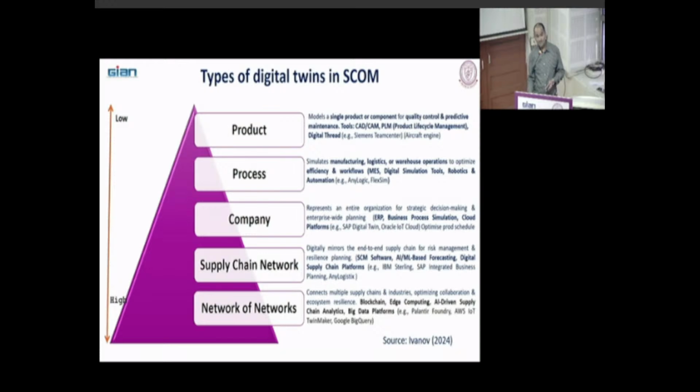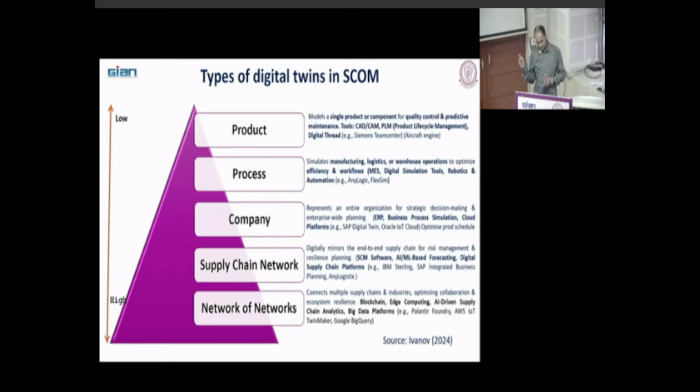Now the next one is the process digital twin. It simulates the manufacturing. In supply chain you have manufacturing, logistics, warehouse, different processes. If you want to create a digital twin of one specific process, it is called process simulation, a process digital twin. It simulates manufacturing, logistics, or warehouse operations to optimize efficiency and workflows in your supply chain.